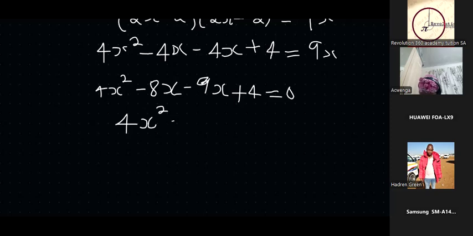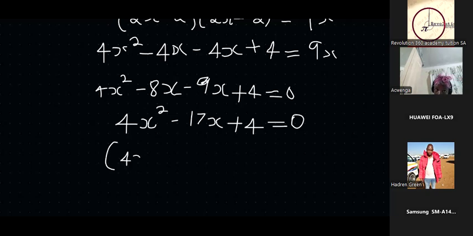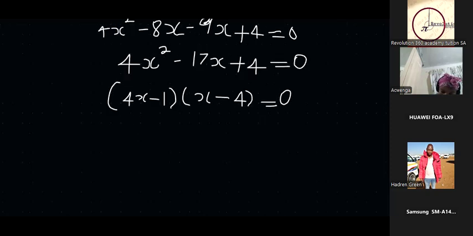So from here you factorize or use the quadratic formula. Those who are in our league of factorizing, the factors will be 4x minus 1. Don't feel offended, you can use the quadratic formula, you'll still be correct. The one that I normally teach on TikTok: x minus 4 equals 0. So those are your factors. Then from there, you say 4x minus 1 equals 0, or x minus 4 equals 0.